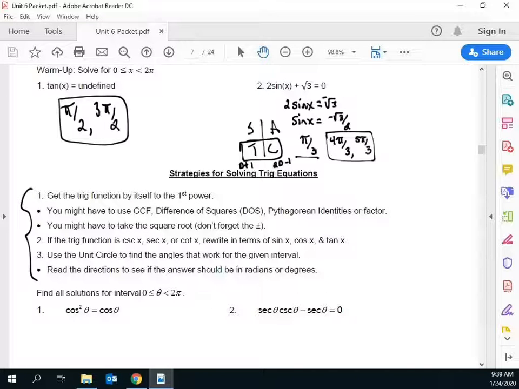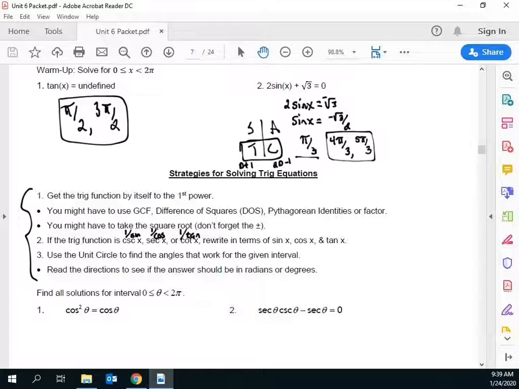Then it goes on to say if the trig function is cosecant, secant, or cotangent, inverse functions, rewrite the terms in sine x, cosine x, and tangent. Remember, guys, cosecant is 1 over sine, secant is 1 over cosine, cotangent is 1 over tangent.